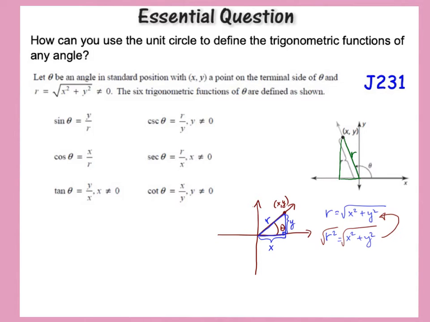So let me go ahead and rewrite this. They labeled it here, but that would represent the radius right here. And then I would have my x coordinate being a negative value, and the y coordinate, since I'm in quadrant 2, would be a positive value.